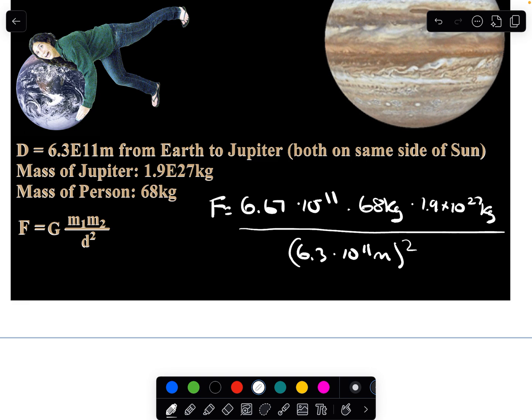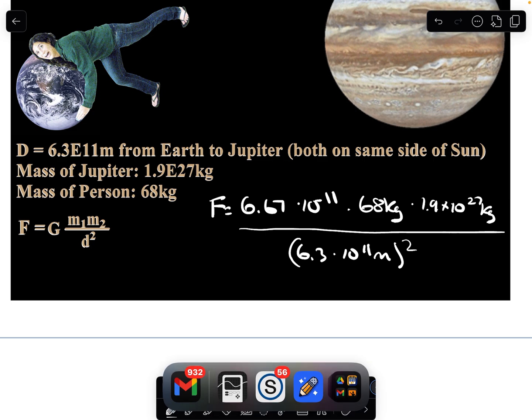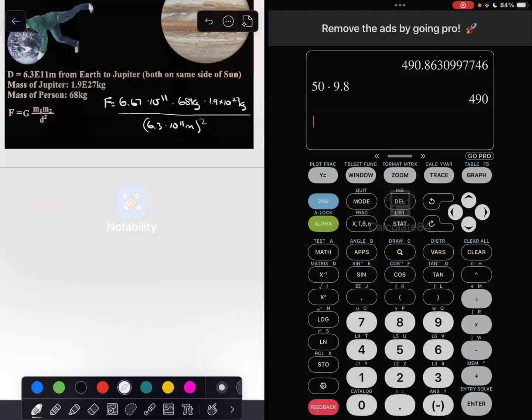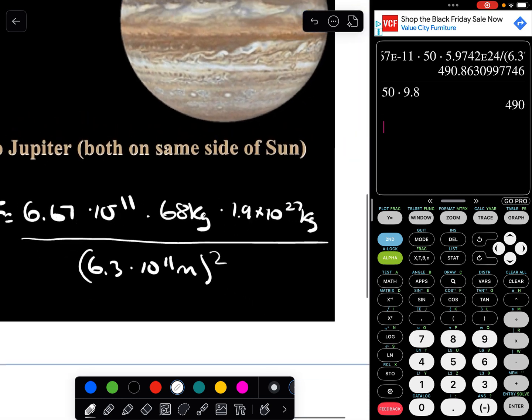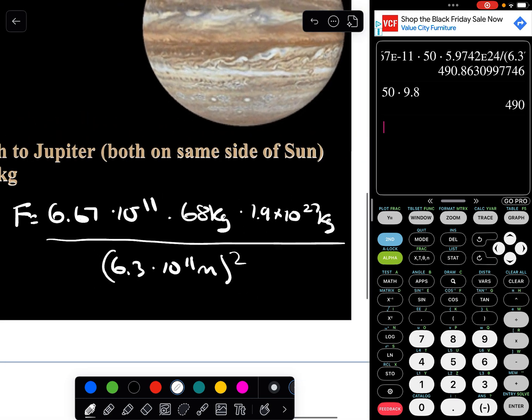So now all we've got to do is throw this into our calculator, and we should be able to arrive at the force of gravity between you and Jupiter when Earth and Jupiter are at their absolute closest.